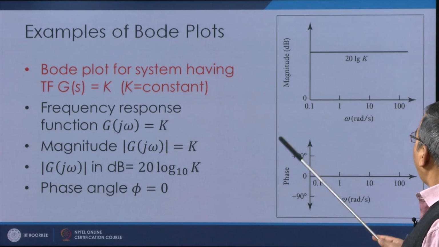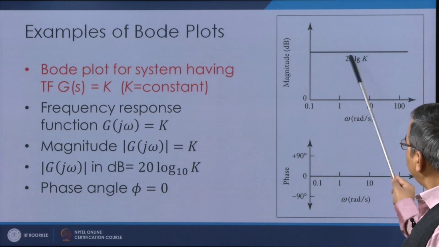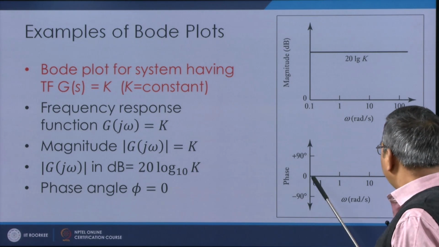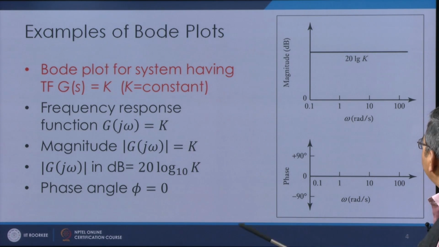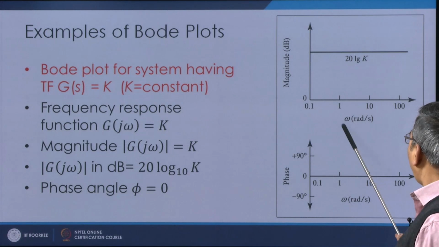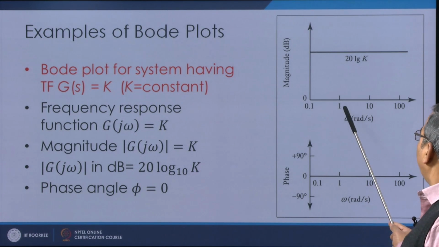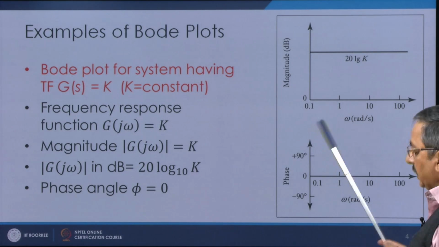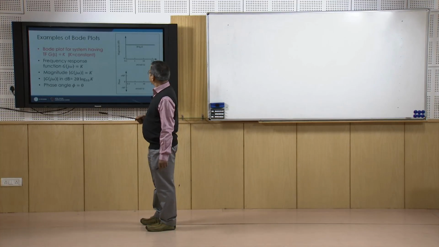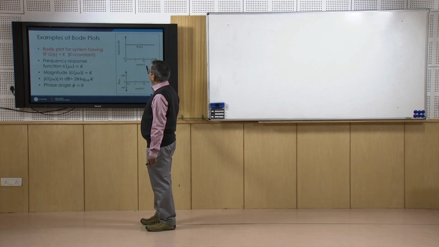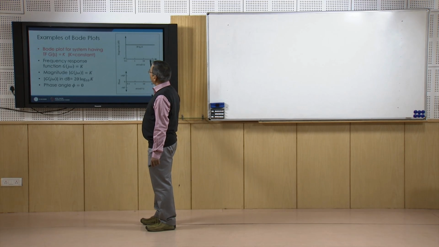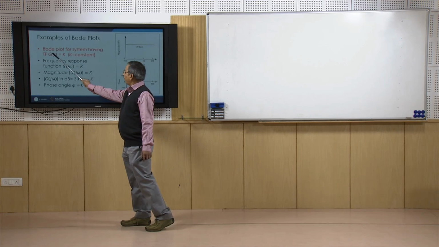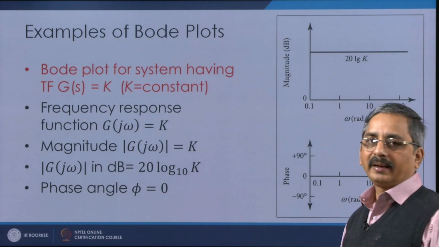You can see that this is a constant, whereas the phase angle is 0. Here we are plotting for omega equal to say 0.1, 1, 10 and 100, that is, these numbers are multiples of 10. So, this is how the Bode plot looks like for a transfer function G(s) equal to K.